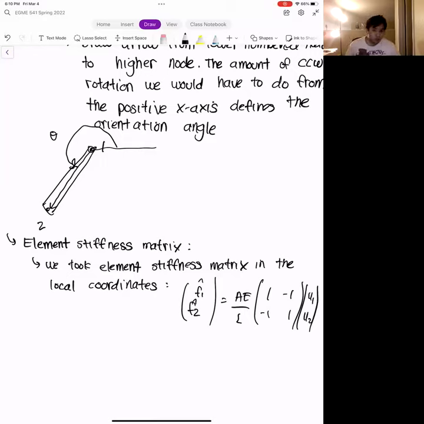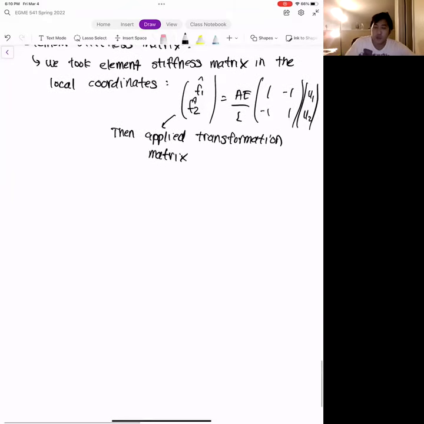Then what we did was we applied our transformation matrix to this. In fact, we took this element stiffness matrix and we pre-multiplied, in other words multiplied before by the transformation matrix, and then we post-multiplied as well. I believe it was, which one was transpose?